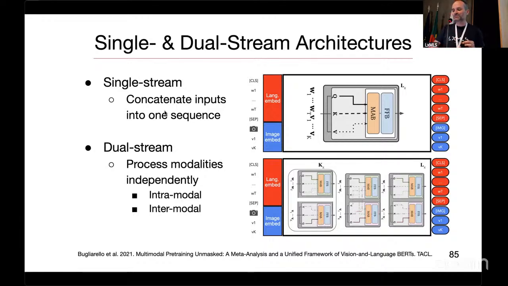A common approach that you would see here would be something like K transformer layers of modality-specific encoding, so only attending over the language inputs or only attending over the visual inputs independently of each other. And then having transformer layers where the queries would maybe come from the language modality, but the keys and values would be transferring information from the visual modality into those representations, and vice versa.